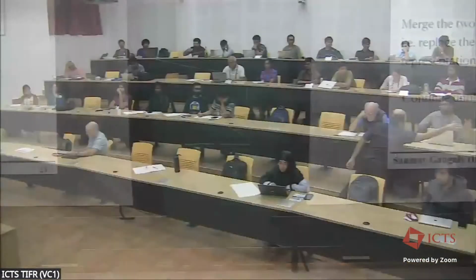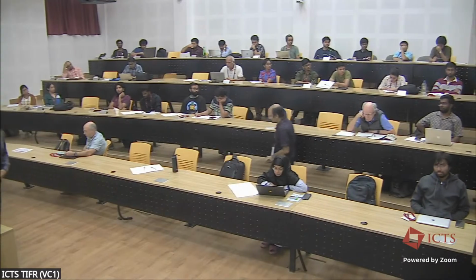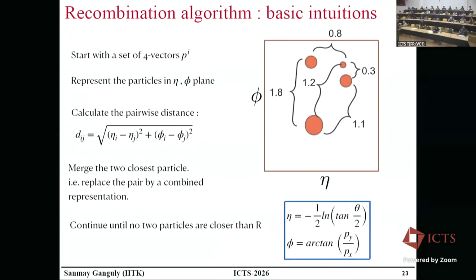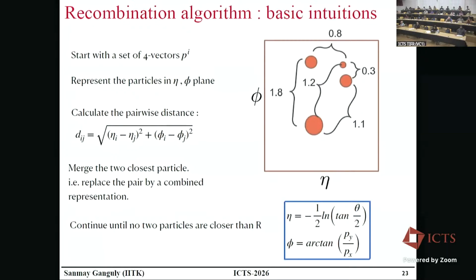Please take the mic and repeat the question. So the idea is that you see a bunch of hadrons, and you use this algorithm to tell if that's a jet or not, assuming you have some mother parton and then it fragments. That's the idea, right? It's a probabilistic inverse problem.